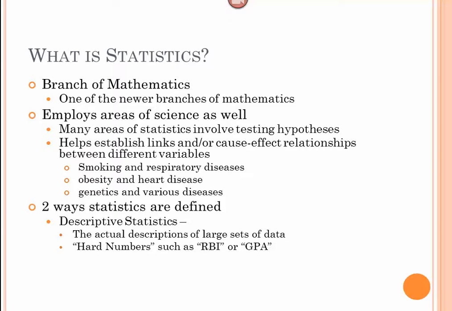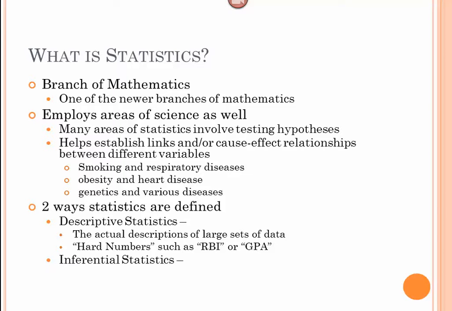They're really not interpretive. For example, a batting average is a number that's assigned to baseball players. It is a hard number based on their performance, and it's not something you can really argue. Your GPA is another example of a hard number. It's constructed from the various grades you get in various classes.